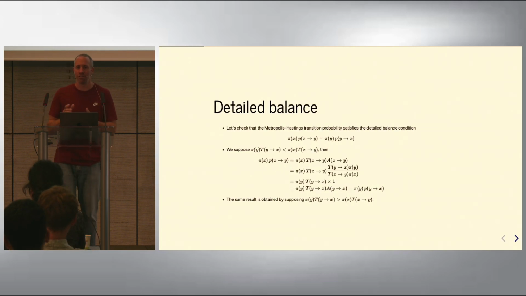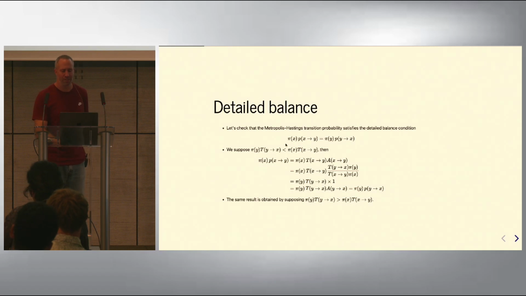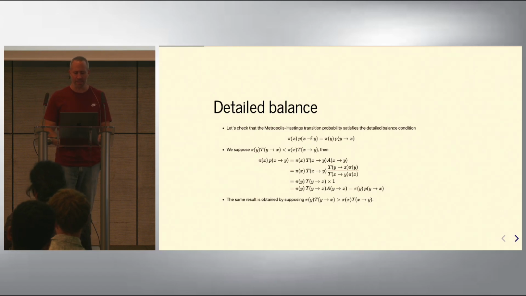So let me show you quite quickly, but take the time to go back to this slide, that this indeed satisfies the detailed balance condition. Again, the detailed balance condition is this here, right? And now Metropolis-Hastings says that this transition probability should be replaced by a proposal times an acceptance with a specific formula for the acceptance.